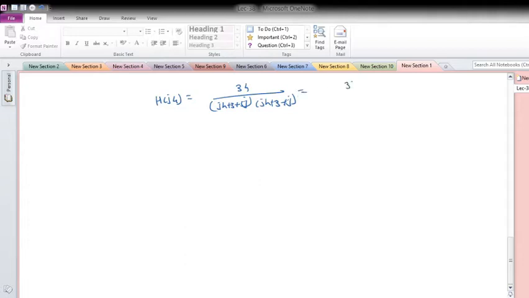That is 34 over square root of 9 plus 81 into square root of the same 9 plus 81, which comes out to be 34 by 30, which is 1.133. So this is my maximum magnitude at j4, because at omega m equal to 4 radian per second, I should get the maximum magnitude.